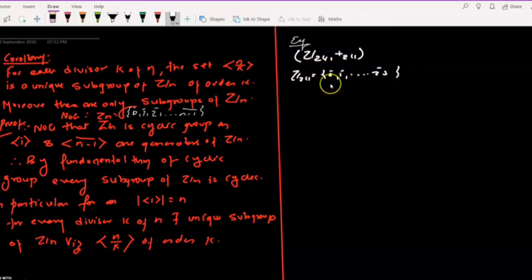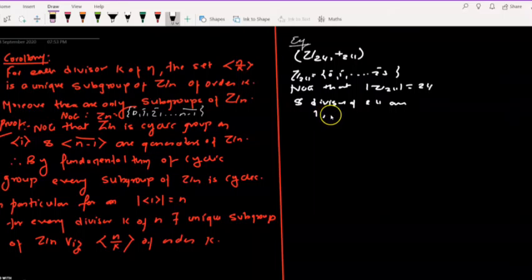So, note that the order of Z24 is equal to 24. And what are the divisors of 24? 1, 2, 3, 4, 6, 8, 12, and 24. 1, 2, 3, 4, 5, 6, 7, 8.